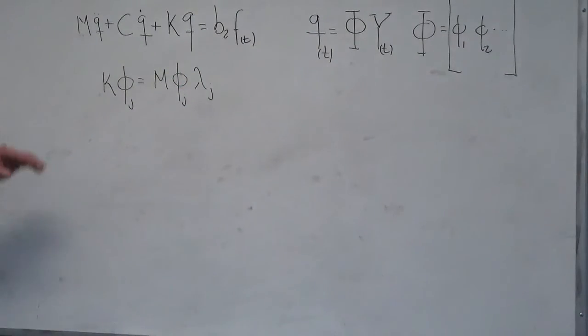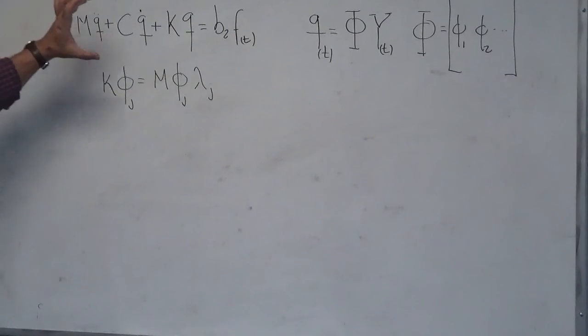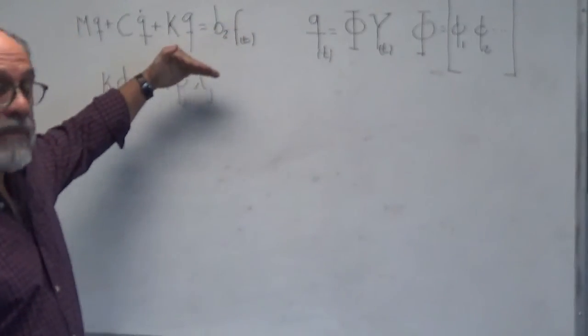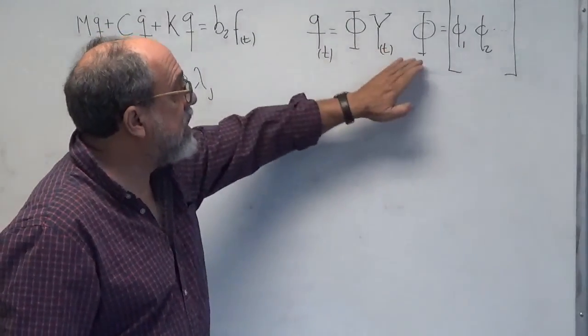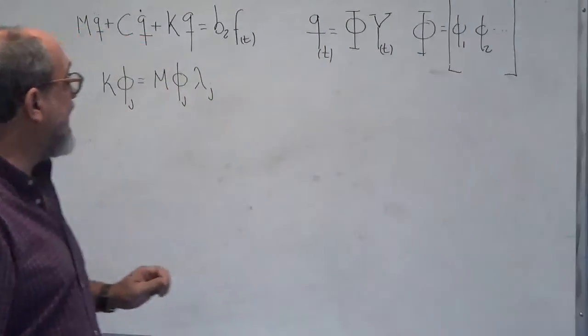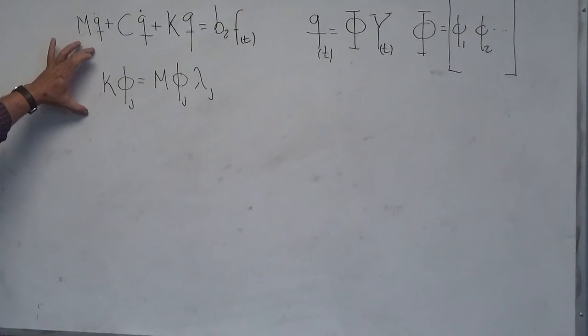Now, this is the equation of motion in coupled form. We introduced this transformation. This matrix contains as columns the eigenvectors, and the eigenvectors are the solution of this system of equations.